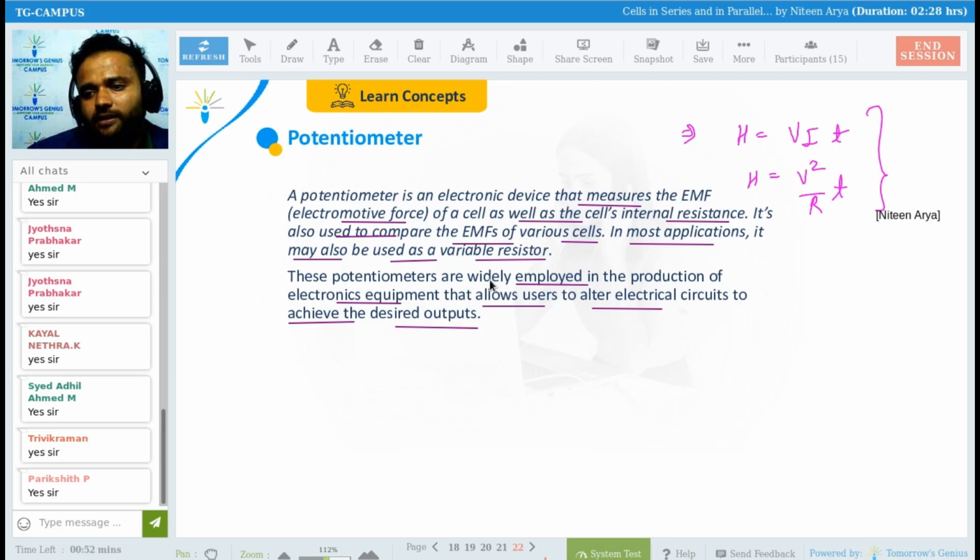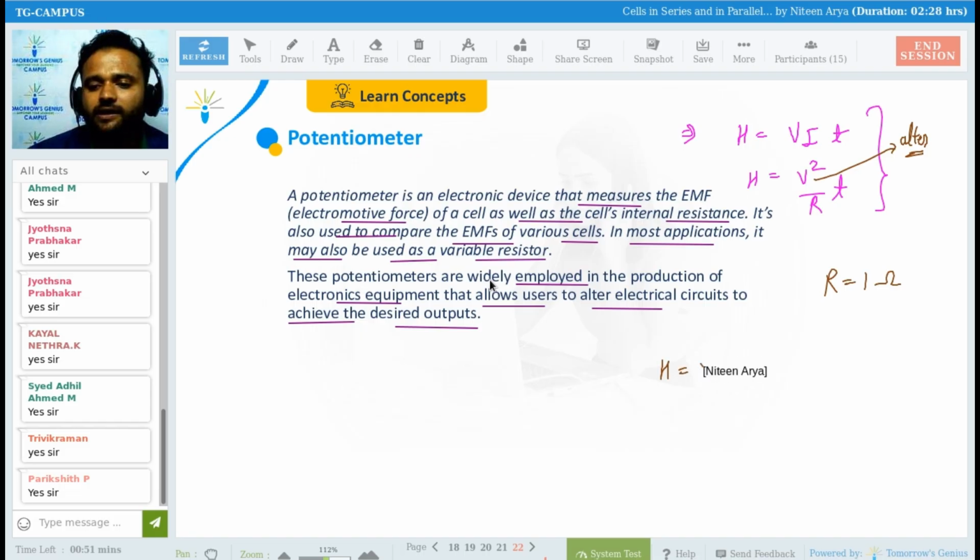So because I can handle this and alter this V using the potentiometer, using the voltage divider method, I can change the heat also, along with time and resistance. Suppose I put resistance 1 ohm and I fix time also.